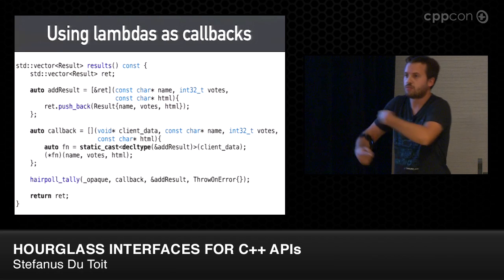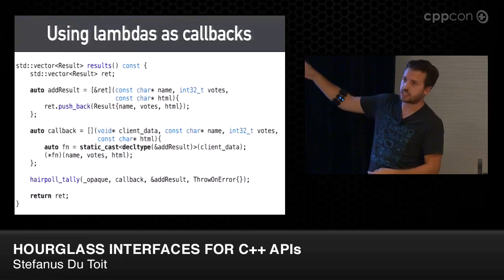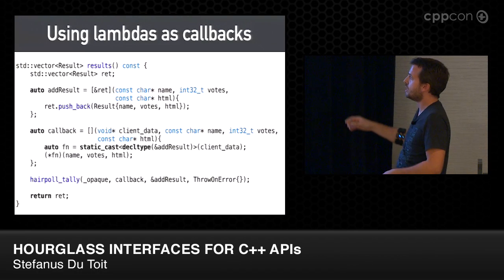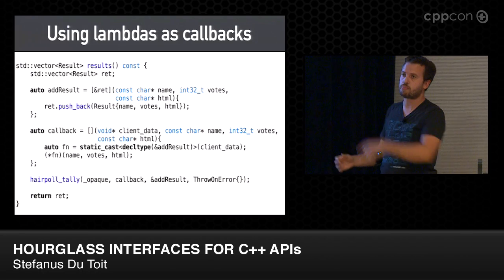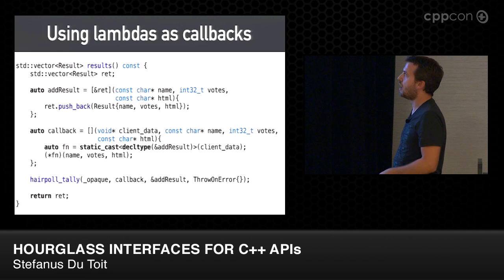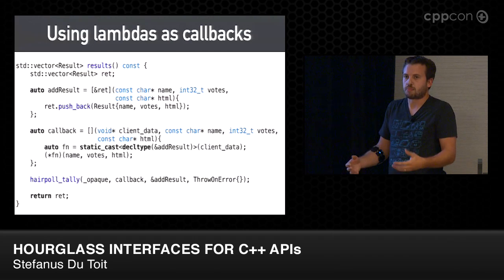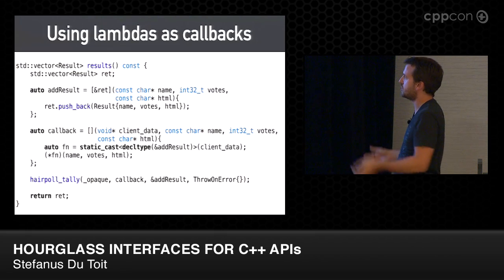So what we do is this trampoline kind of thing, where we define a non-capturing lambda called callback. It takes that magic client data parameter, and the first thing it does is cast client data to the type of add result, or more precisely, a pointer to add result. You can't really in C++ name the type of a lambda, but you can decltype it, and you can use that.